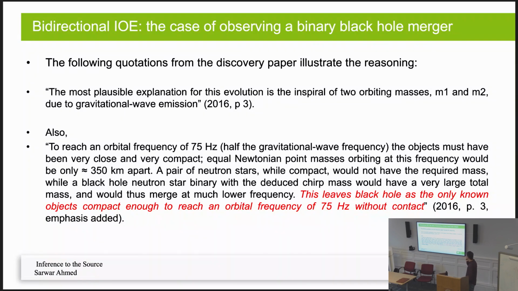This leaves black holes as the only known objects compact enough to reach an orbital frequency of 75 Hertz without contact. So they are eliminating binary neutron stars and a binary of black hole and neutron star, and then they say, well, black holes are the only choice that we have.